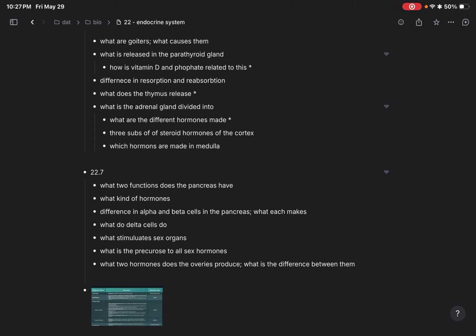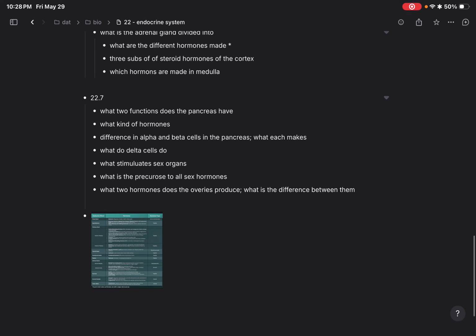And then there's the cortical androgens, which are precursors to testosterone and estrogen. Boom. Okay, moving on. Oh wait, the medulla makes norepinephrine and epinephrine, which are used in the fight or flight response and all that.